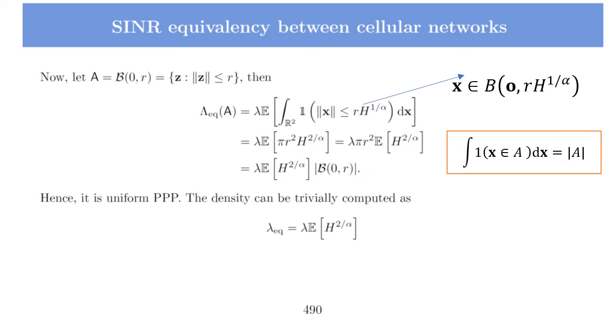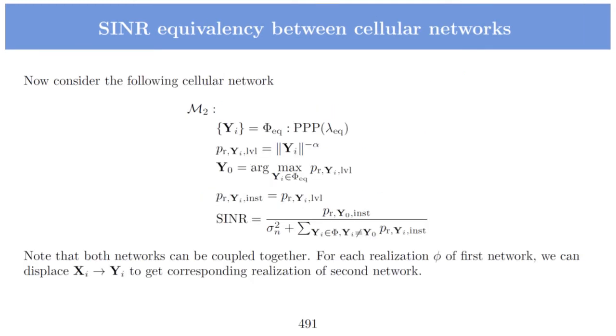Okay, because we said this in the earlier case also, if the expectation measure of any set is just equal to a multiplication of the area of the set, then it's a uniform point process and the density is constant. So based on this new base station process, we can define a new cellular network, which is M2.